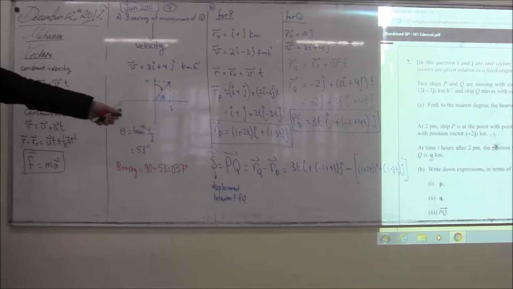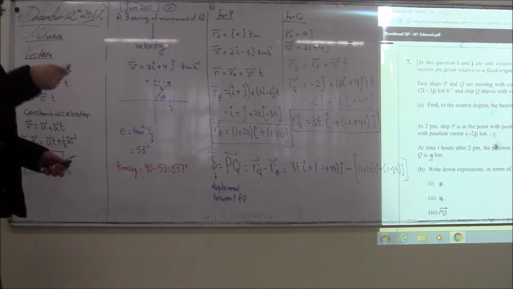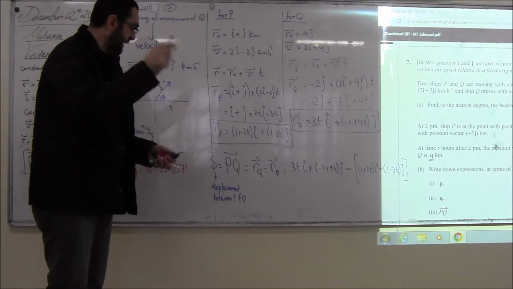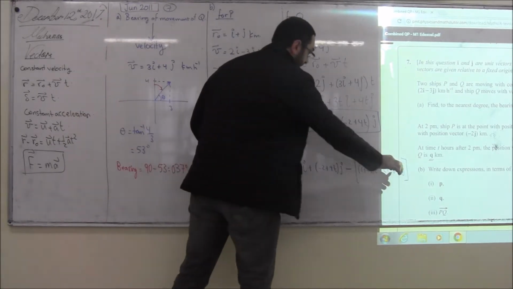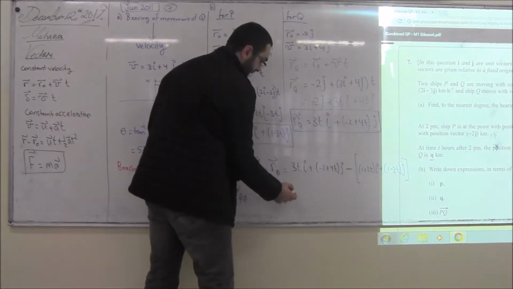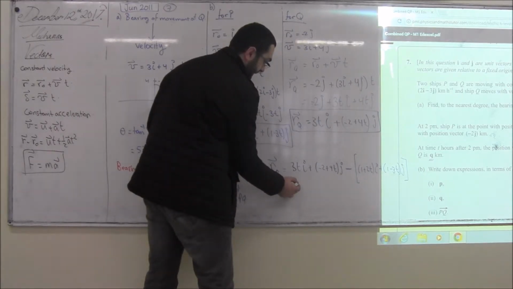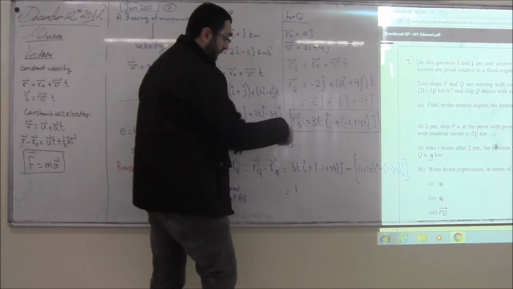Any question about the substitution? Ask please. We have to substitute things together: i with i, and j with j.